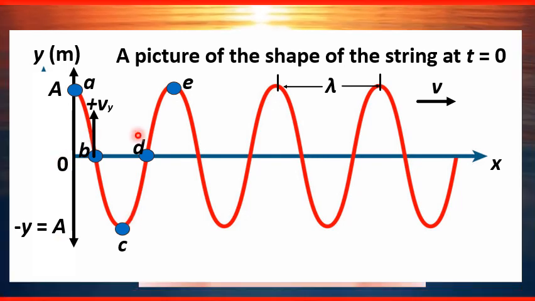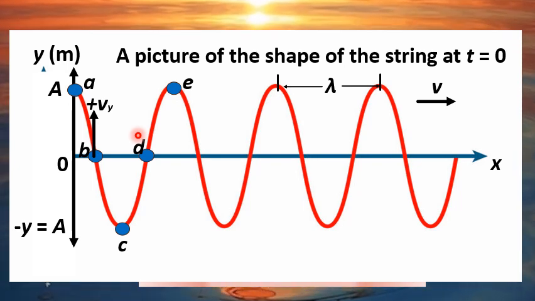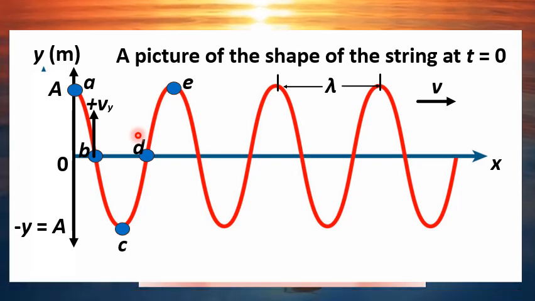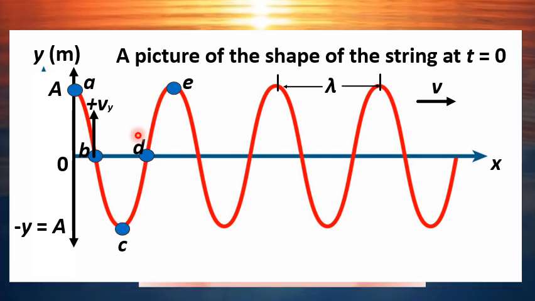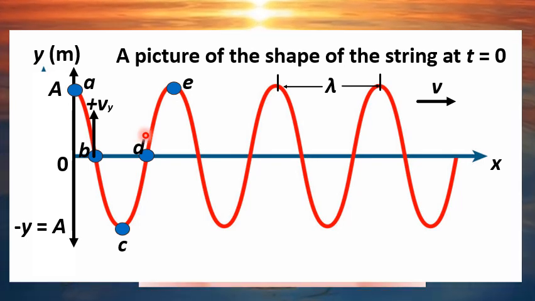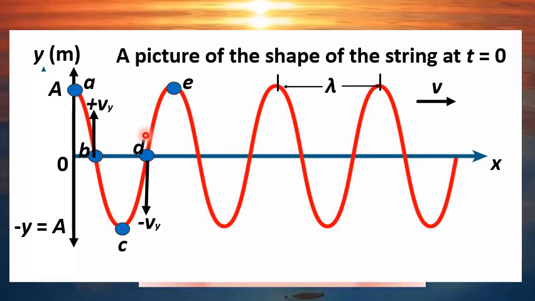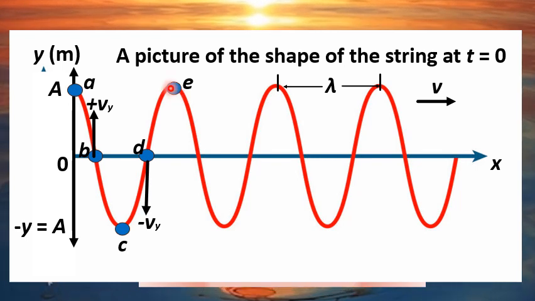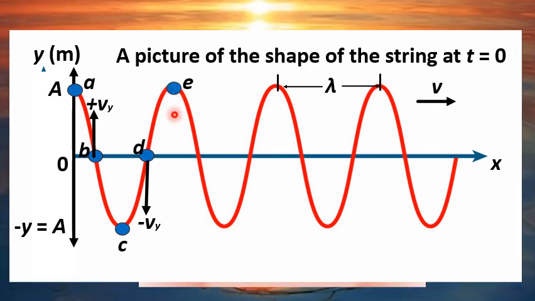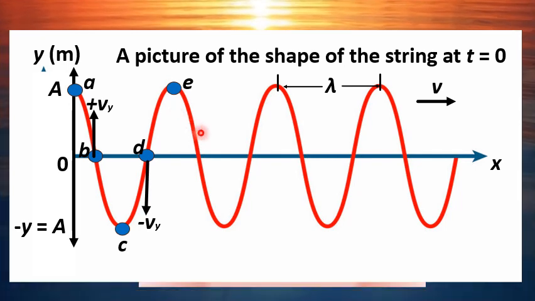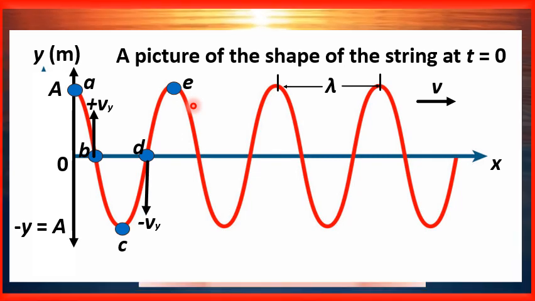The other particle is particle D, which is also located at the equilibrium position with a maximum downward velocity. And lastly, particle E is at the maximum positive displacement with, of course, 0 velocity.